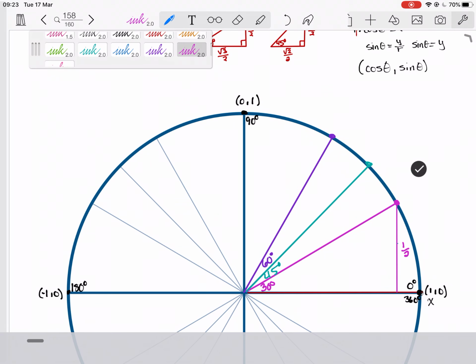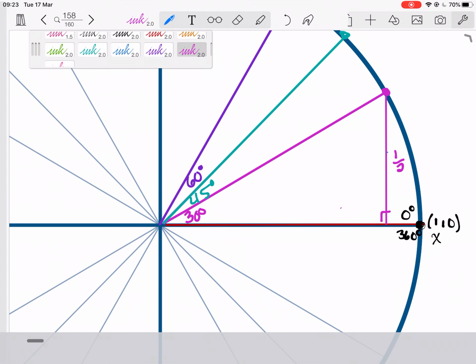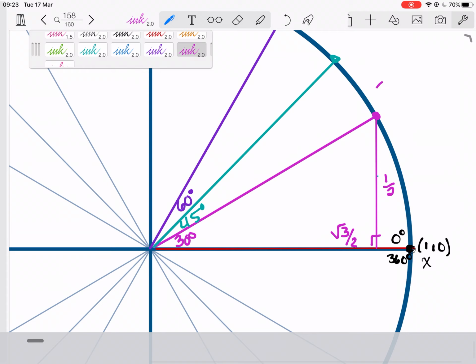And then going across, we have square root 3 over 2. That's what's adjacent, so that's my x value, what we went along the x-axis. So the point is square root 3 over 2, comma, 1/2. So I could say the cosine of 30 degrees is square root 3 over 2, and the sine of 30 degrees is 1/2.